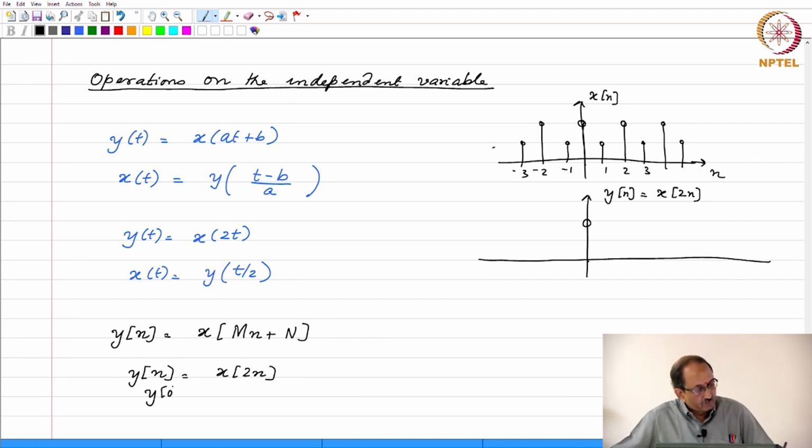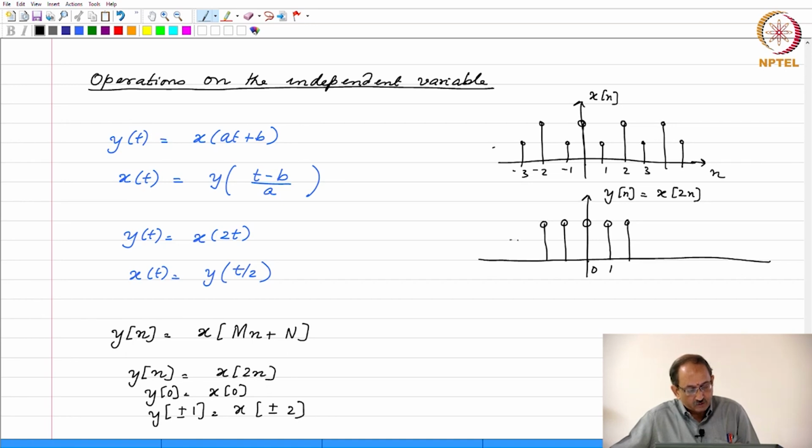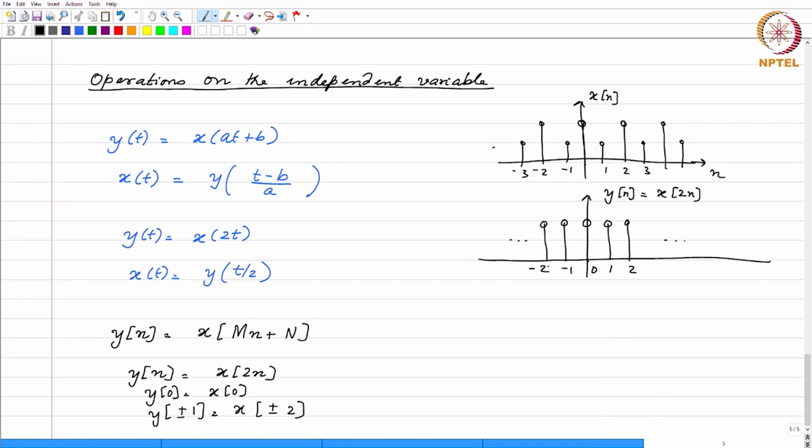So y of 0 is x of 0, y of plus or minus 1 is x of plus or minus 2, and so on. Therefore, y of 0 is x of 0, y of 1 is x of 2, so I have this, and y of 2 is x of 4, I have this, and so on. So you see the picture that emerges. So this is what the time compressed signal is, compressed by a factor of 2.